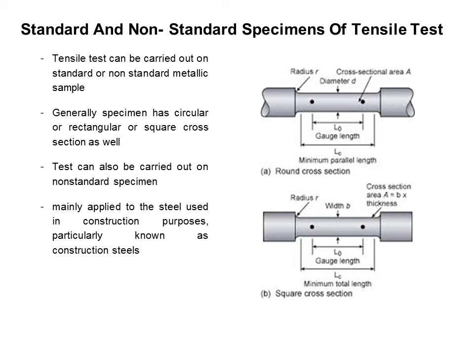See here in this diagram, a round cross section specimen and a square cross section specimen. Some radius we already know for that specimen, and the cross sectional area also. Suppose a round cross section is there, then the area is pi by 4 r square, and for a square it is r square. Gauge length and minimum parallel length you also know, and you have to measure the gauge length and minimum total length before going to test for this specimen.